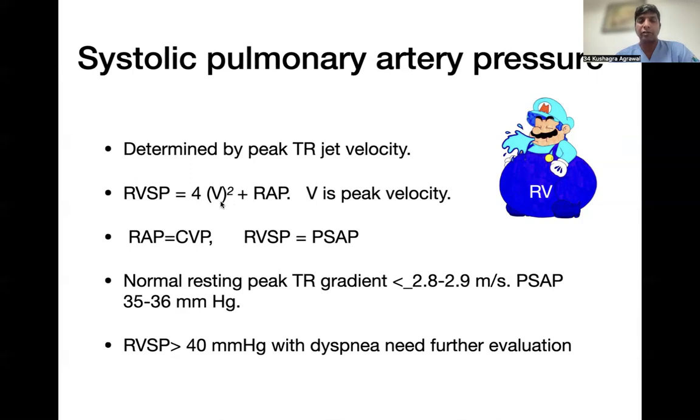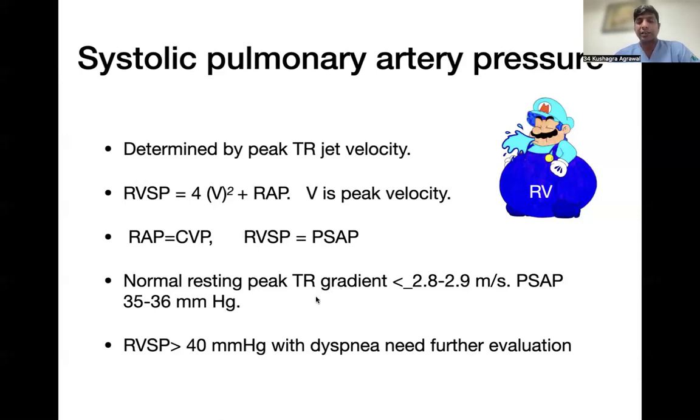So, the maximum jet velocity is measured, which is V. RVSP is basically this pressure from the peak TR jet velocity plus right atrium pressure. That atrium pressure we can measure using CVP or using IVC diameter. So basically, RVSP is equivalent to pulmonary artery systolic pressure.